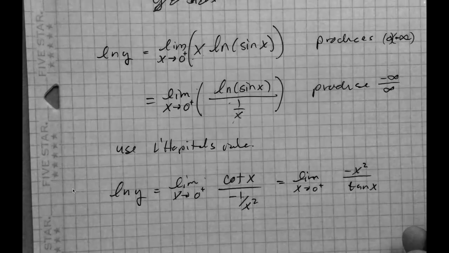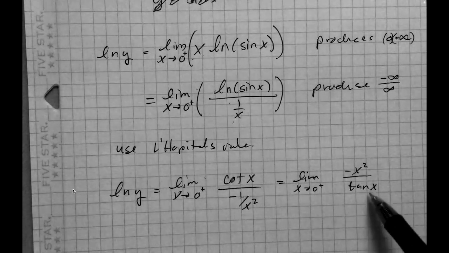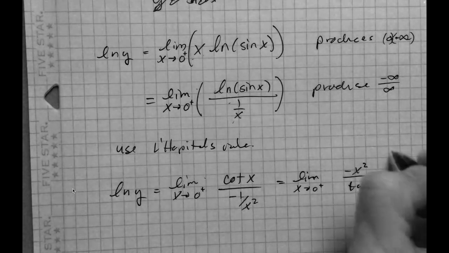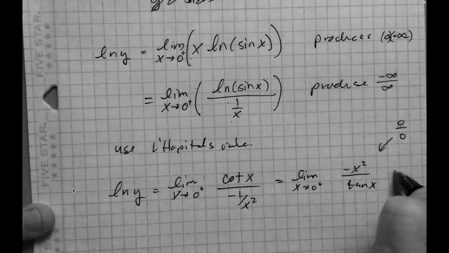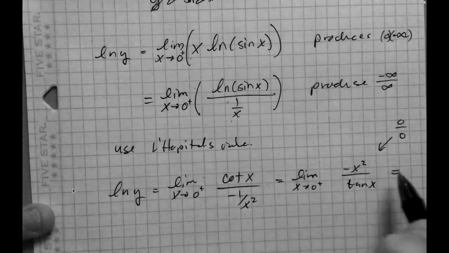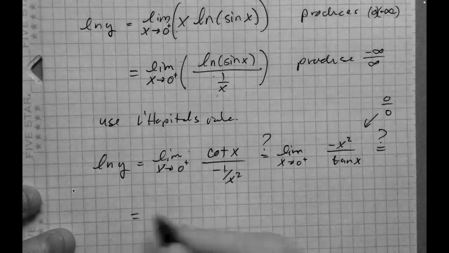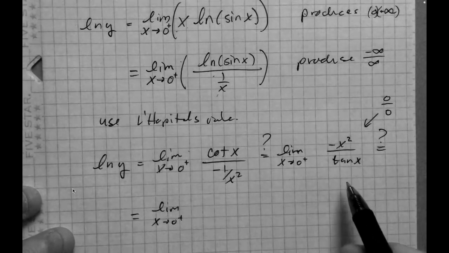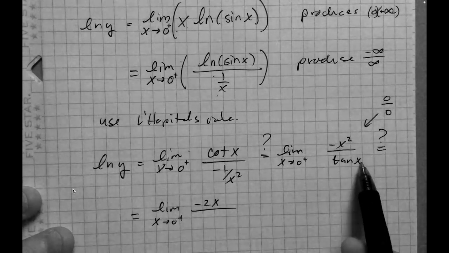And so what happens here? Well, this is actually still 0 over 0, because the limit as x goes to 0 of tangent x is 0. So we have to try one more derivative. It should be noted that these are all contingent upon the limit actually existing. Now the numerator would become negative 2x when we differentiate it further, and the derivative of tangent is secant squared.